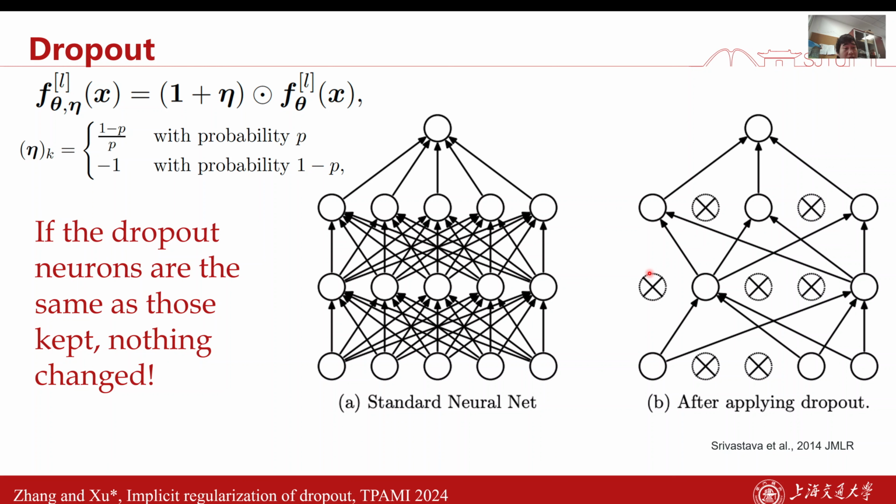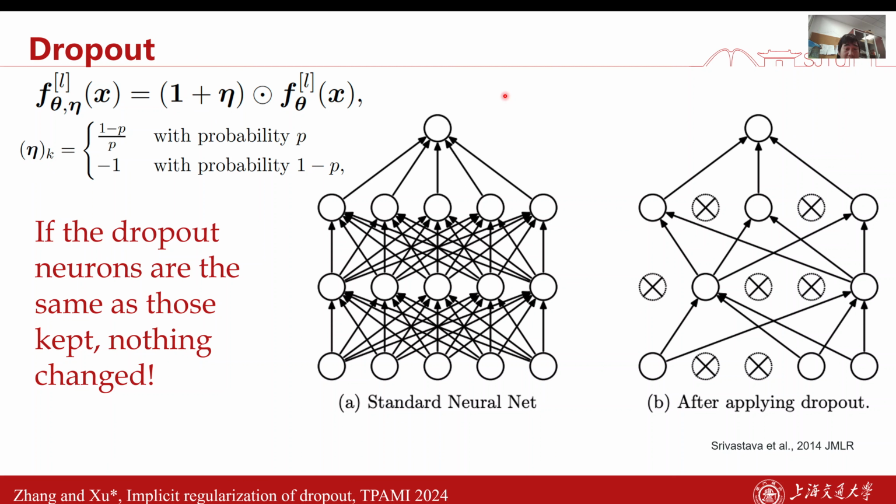But to keep the output of this network with some masked neurons, you will have a coefficient. For example, the coefficient of the remaining neurons is not 1 anymore. It is 1 plus some random variable eta, and the expectation of this eta equals 0.